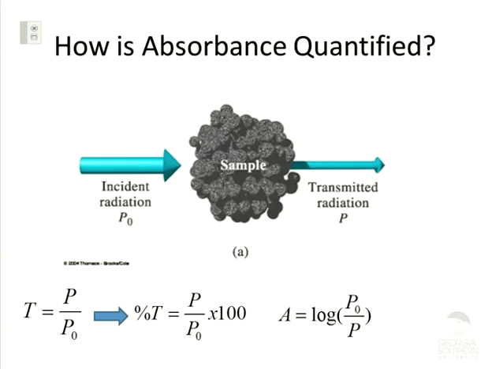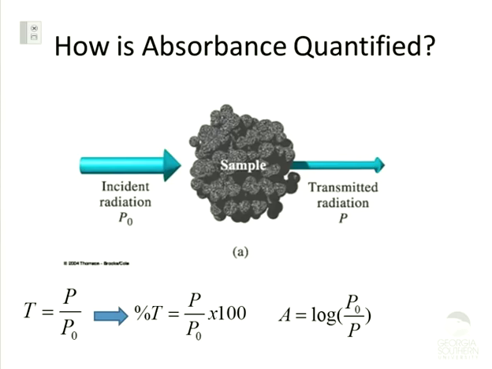Absorbance is not the same as transmittance, but it's calculated from transmittance. You could write it in a few different ways, but it's all just mathematical rearrangement: absorbance equals log of P naught over P, or absorbance equals negative log.